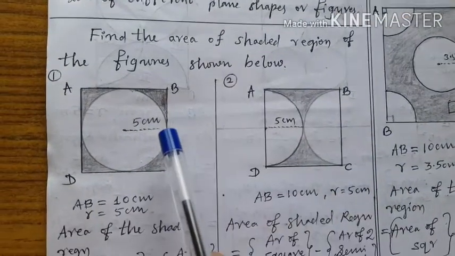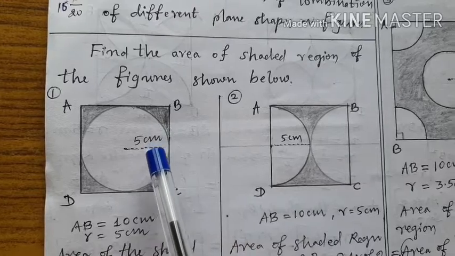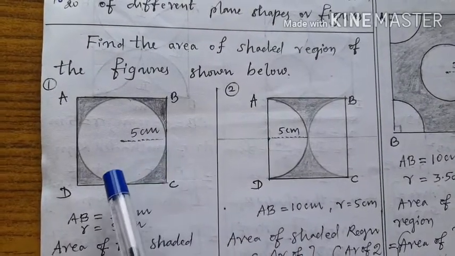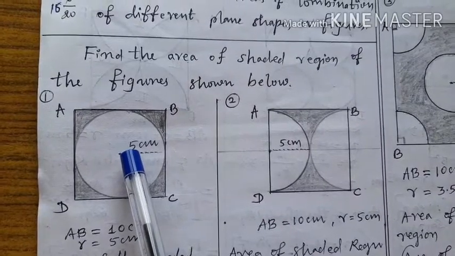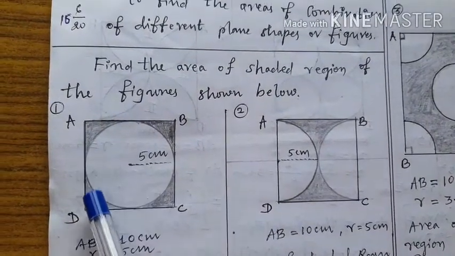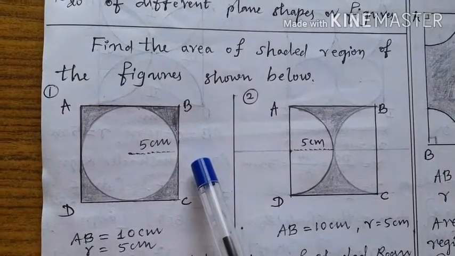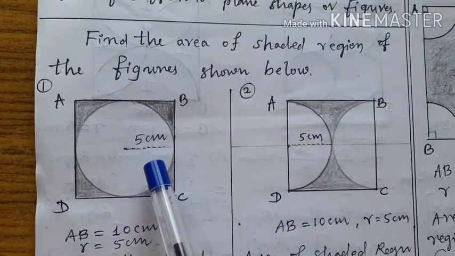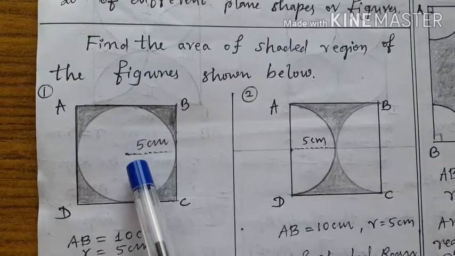Look at the first example. This shape is the combination of a square and a circle. We need to find the area of the shaded region, but we do not have a direct formula for it.